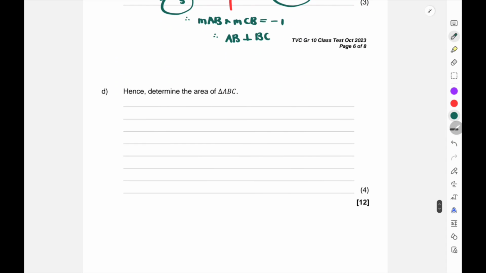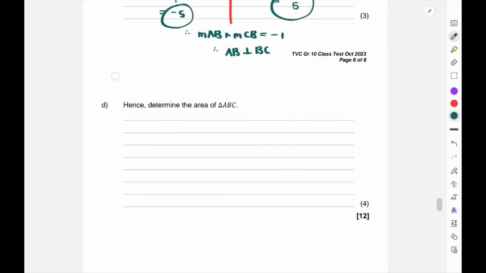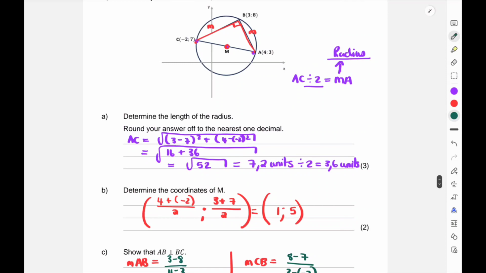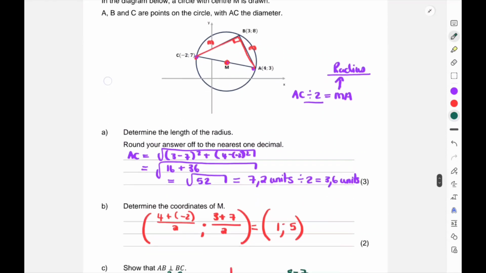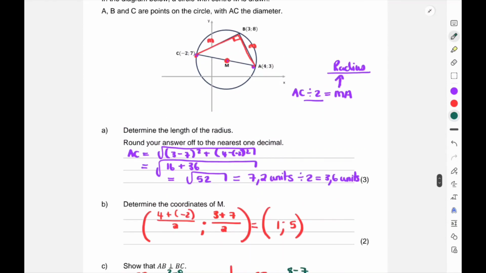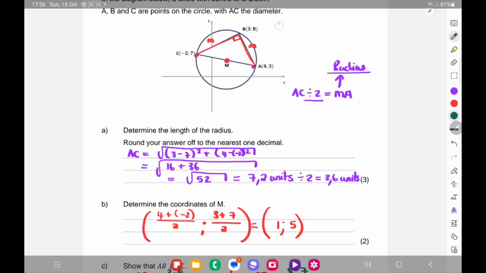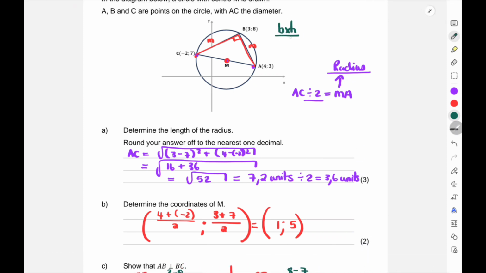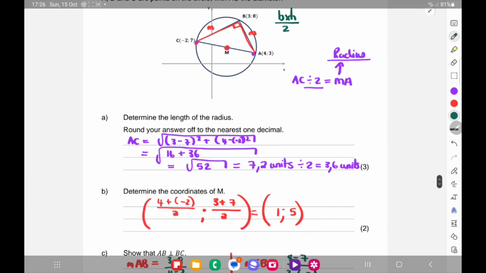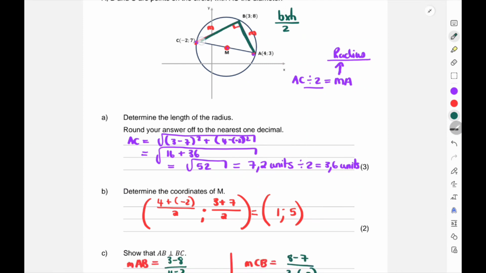And then they say to you, hence determine the area of triangle ABC. So the area of triangle ABC is base times height divided by 2. So we need the base and the height, which are always perpendicular to each other.